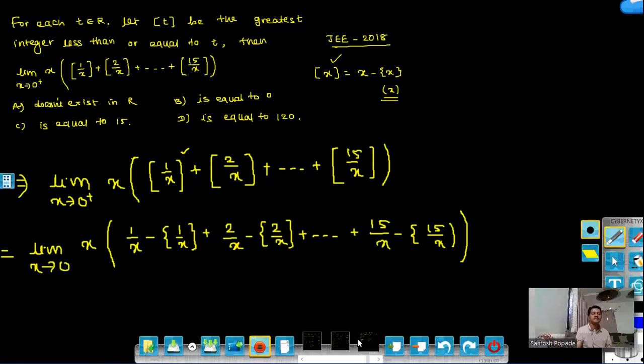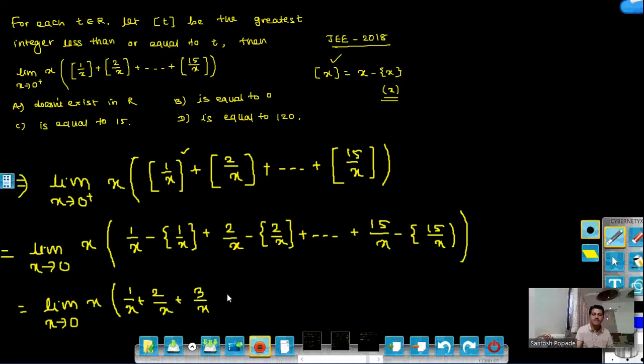Is that clear? Now I will collect the like terms together, meaning I will collect the numbers 1 by x, 2 by x and likewise 15 by x in one bracket and the fractional parts in another bracket. We are getting this.